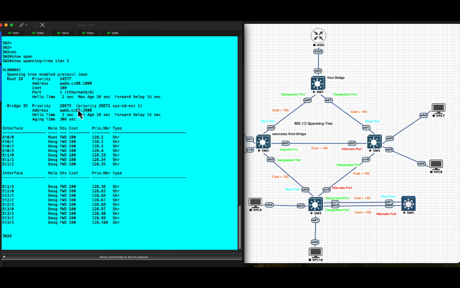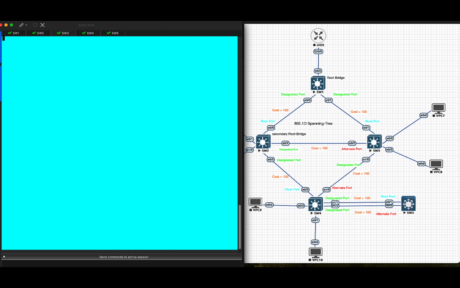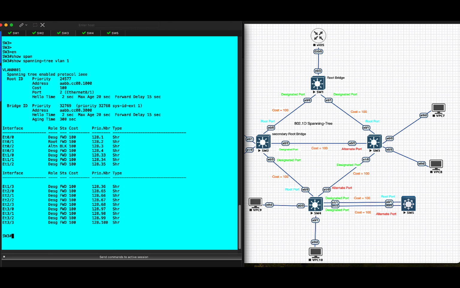You can see that the local bridge ID of switch 2 is 28673. Versus switch 3, we do show spanning tree using VLAN 1 as an example. The local bridge ID of switch 3 is 32769.